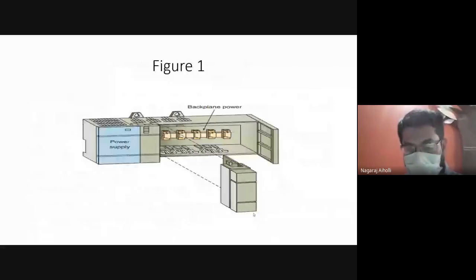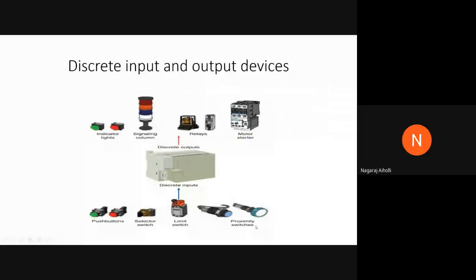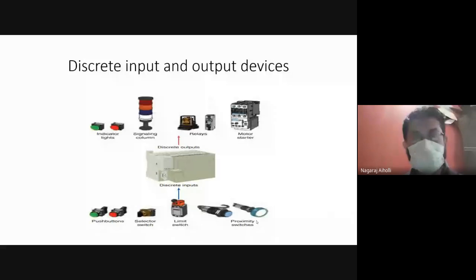Now this is a proximity switch. Proximity switch means what? The name itself will indicate. Proximity means nearness. That means as the object comes nearer to this proximity switch, it will sense the distance.